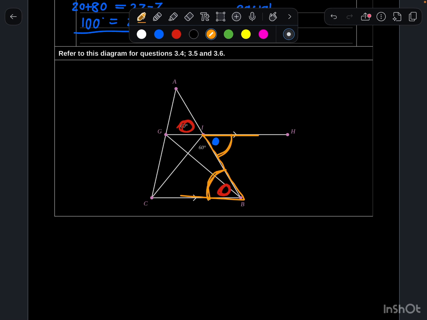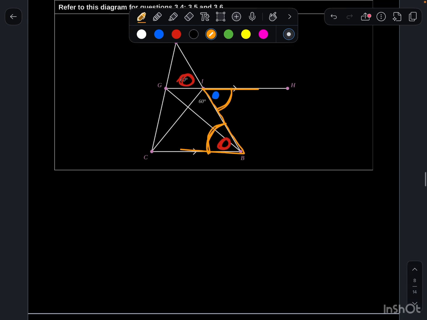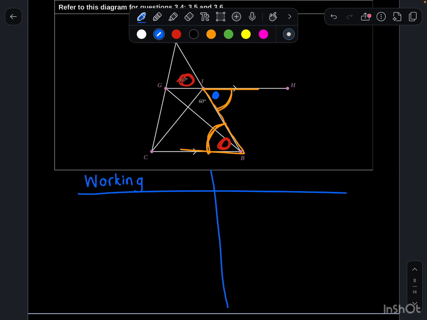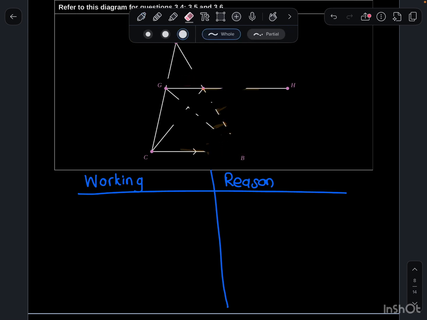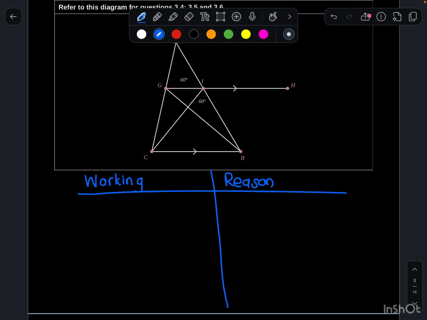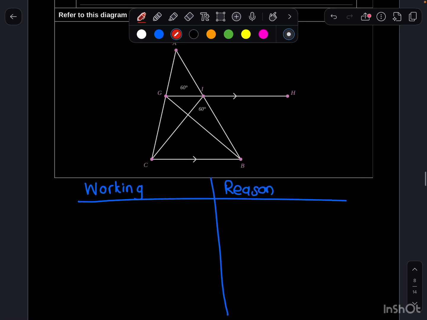Okay, so let's just get some working and reasoning here. So what we said for this one is, first of all, we used corresponding angles.